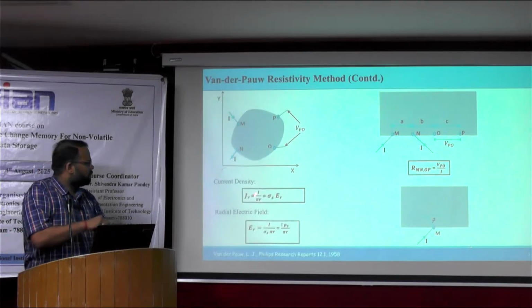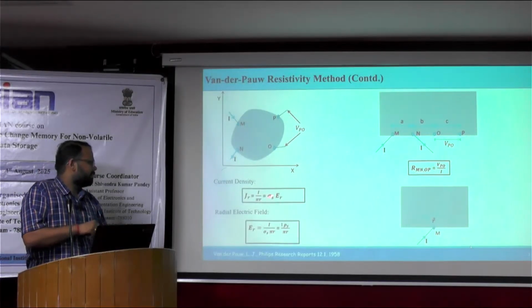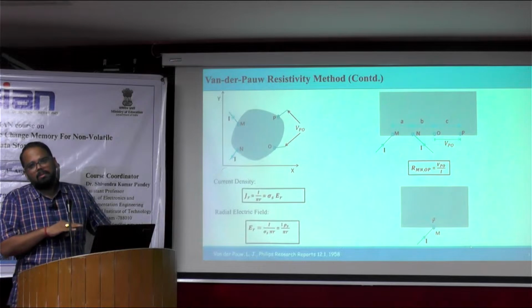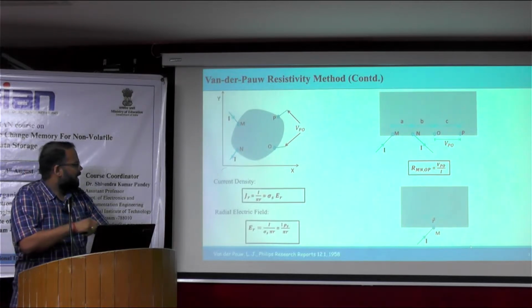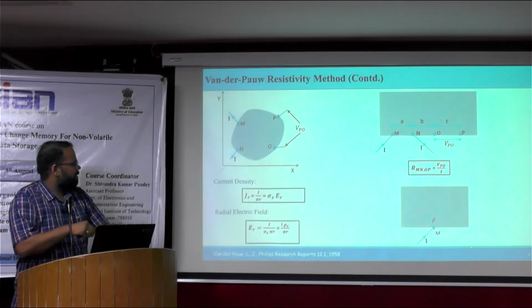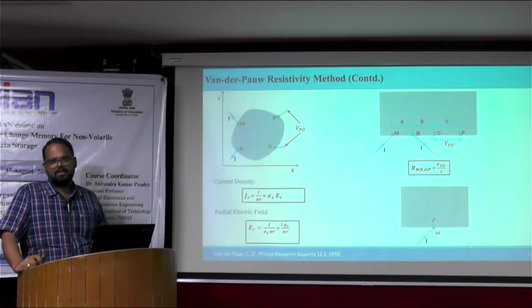After solving this equation, you can get a proper understanding of the resistivity, because ultimately it is the relation between current density and radial electric field, which is very important.